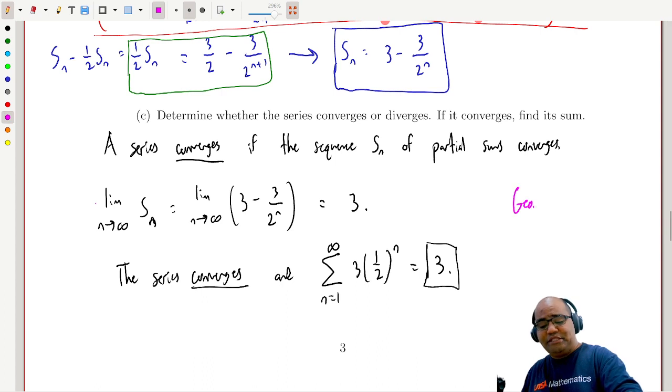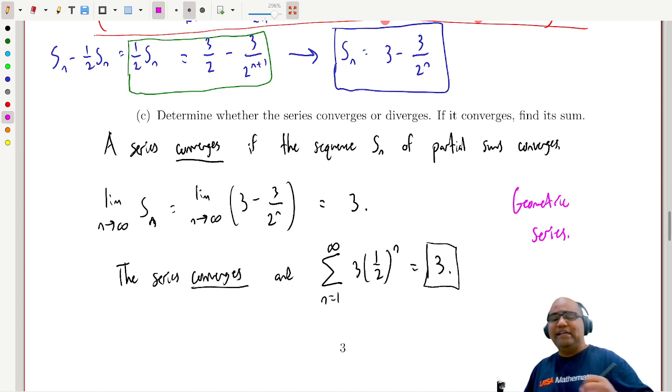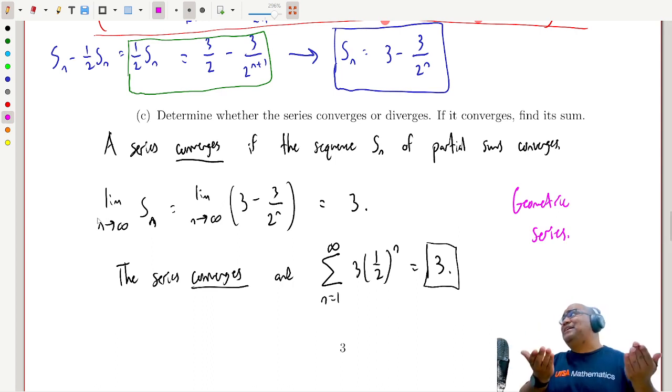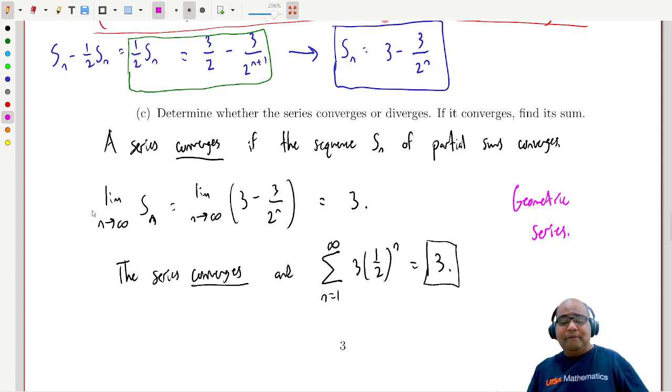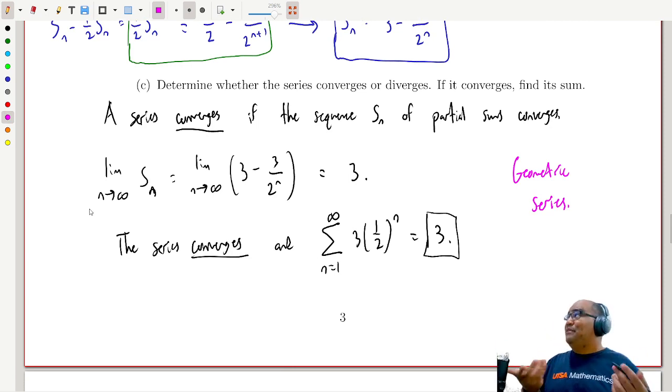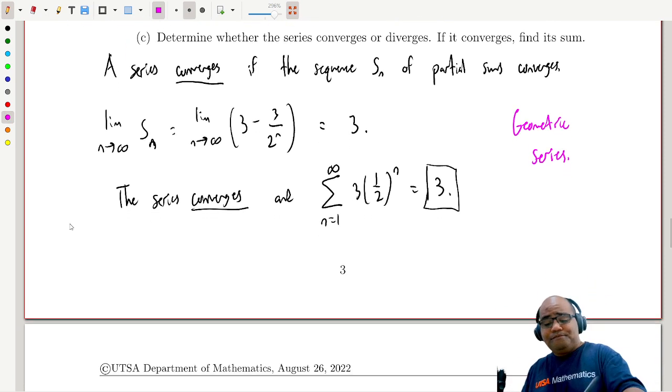This is an example of a geometric series. Okay, a geometric series will take two forms, but they're basically the same up to an index shift. Okay, you need something that looks like an exponential type function. What does that mean?